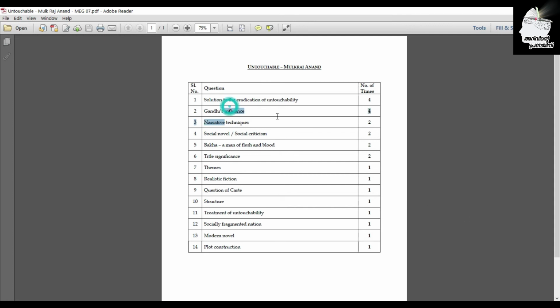So you must be very sure about all of them. What is the solution to the eradication of untouchability? 4 times. Gandhi's influence, 4 times. Narrative techniques, 2 times. Likewise, you must be very sure how the author constructed the plot, what is a modern novel, what is a social novel, what is the question of caste in this novel, and what is the structure of this novel.